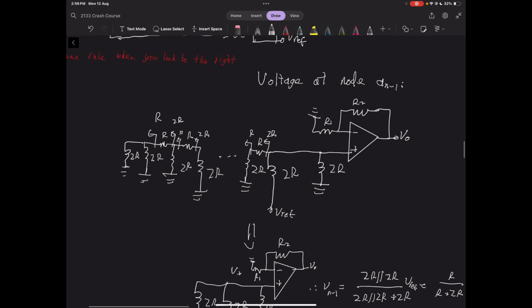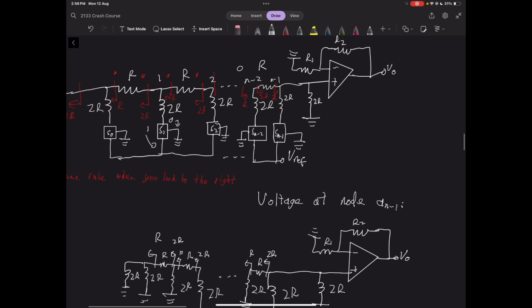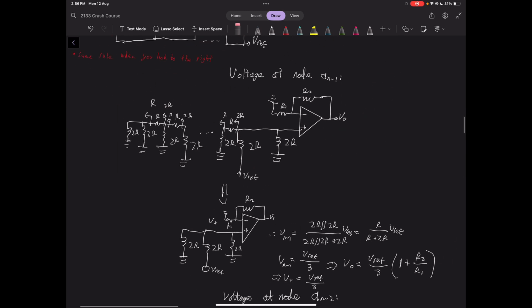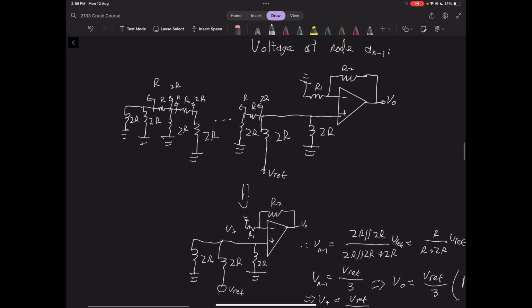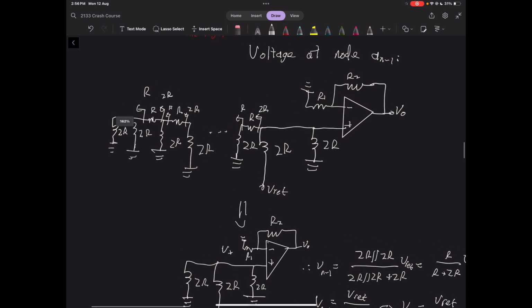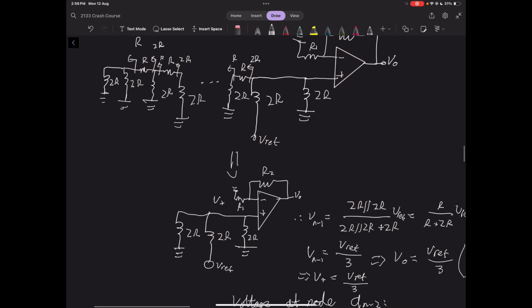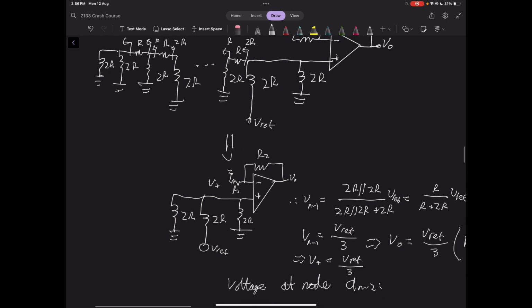So we're considering the voltage at node A-1, where this switch here is equal to 1, so that's connected to Vref, and then all these other switches are 0. They're now connected to ground. And then we can find the voltage contribution from one of those bits being 1. We can use the equivalent resistance formula hopefully to prove that.